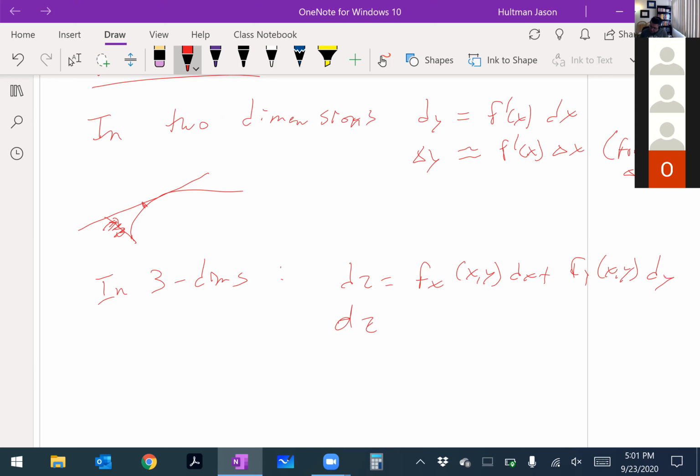Okay, dz is equal to the partial of z with respect to x dx. This is a d, not a partial. This is a dx.